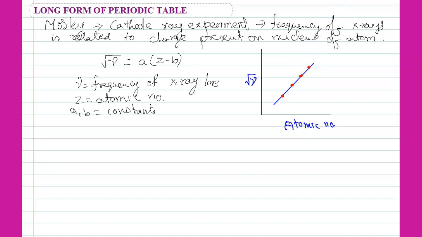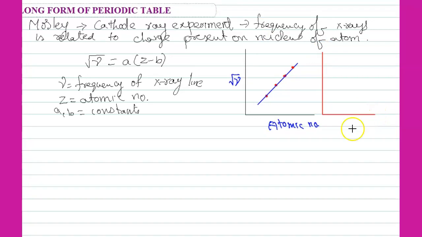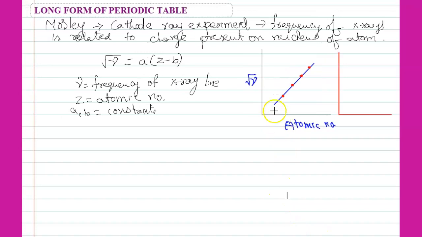Actually, this graph shows the relation between square root of frequency and atomic mass. Then we can get a curve.